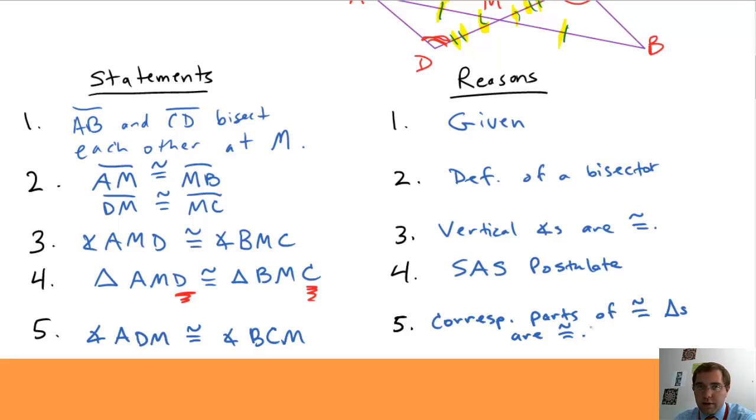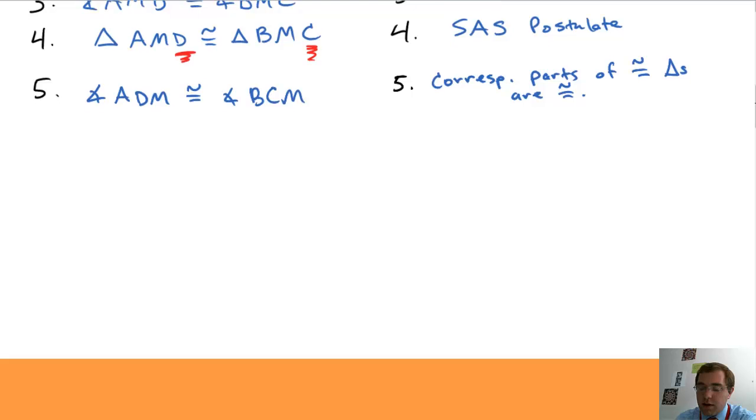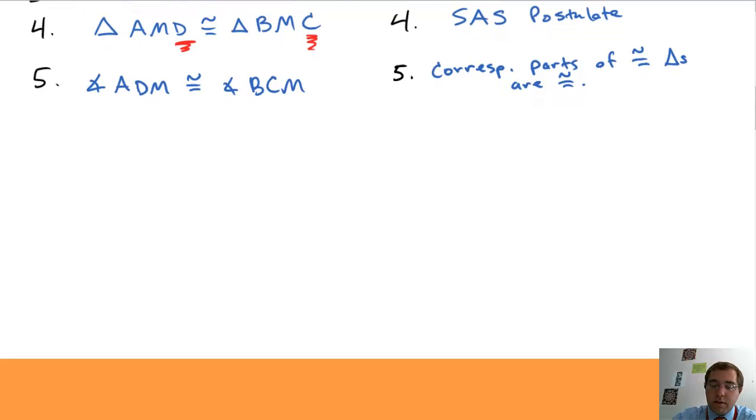I start with congruent triangles. I know the pieces of those triangles that correspond to each other have to be congruent. Way back from section 4.1. So you'll see that reason a lot. Anytime you have congruent triangles, and you're using those to give you pieces of triangles congruent.